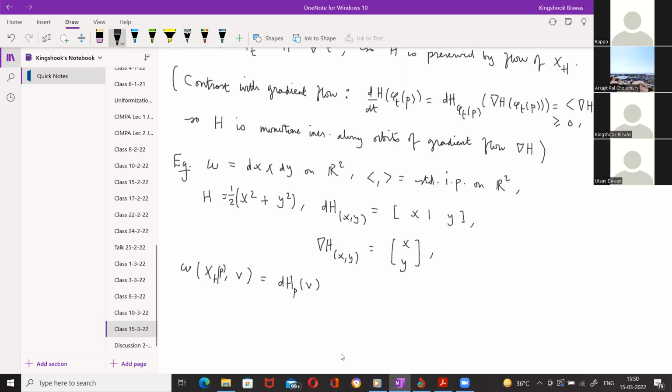On the one hand, this is the inner product of J XH_p with v, and on the other hand it is the inner product of grad H_p with v, for all v in R^2.